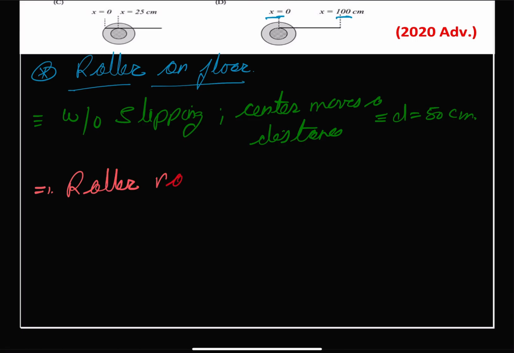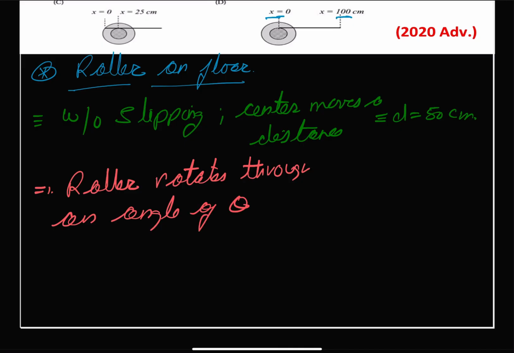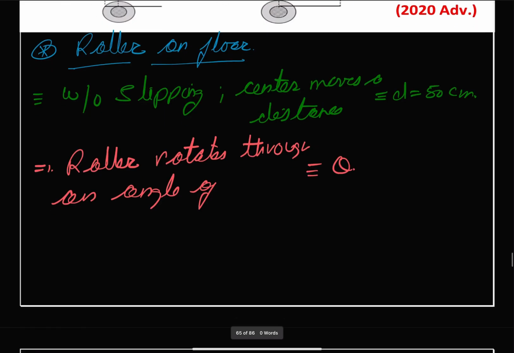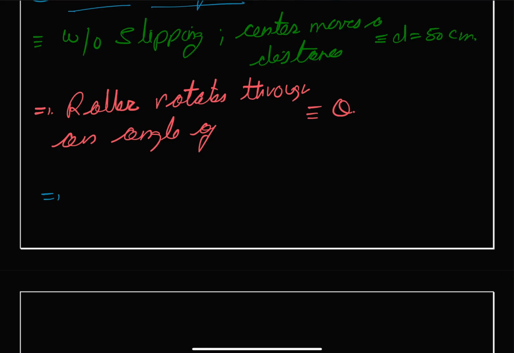Therefore we can write that d is equal to r times theta. d is 50, radius is 10, so we get theta is equal to 5 radians.